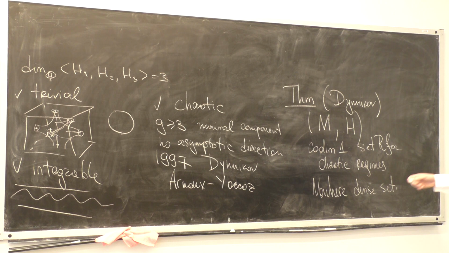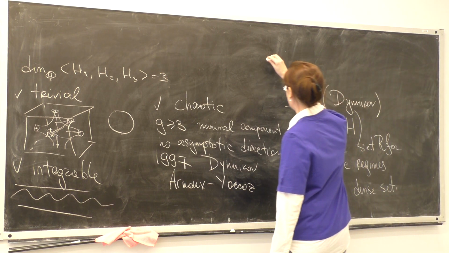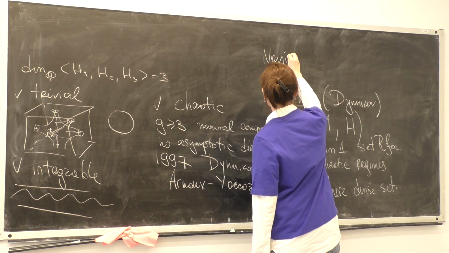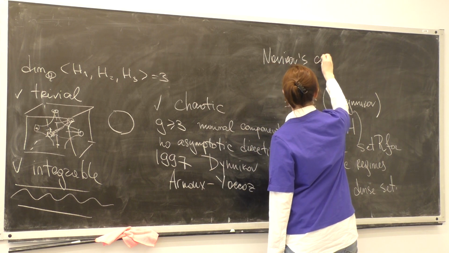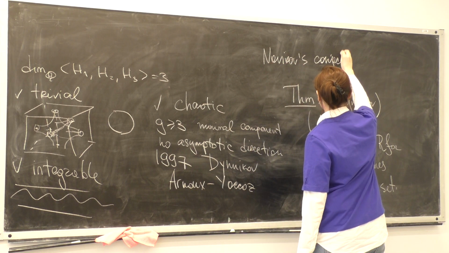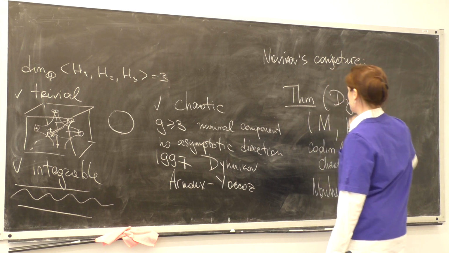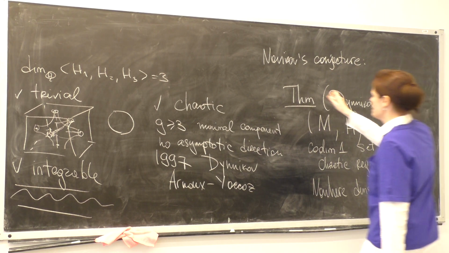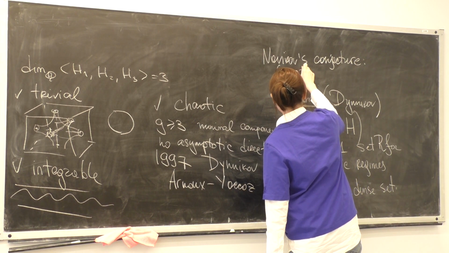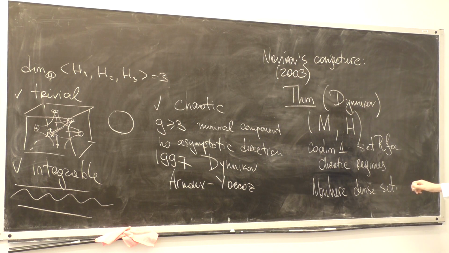So there was a very natural question that has a formal name, Novikov's conjecture. It was formulated by Novikov in his joint work with Andrei Maltsev in 2003, that apparently chaotic regions form a zero measure set in this particular set R that we fixed in Dynnikov's theorem.